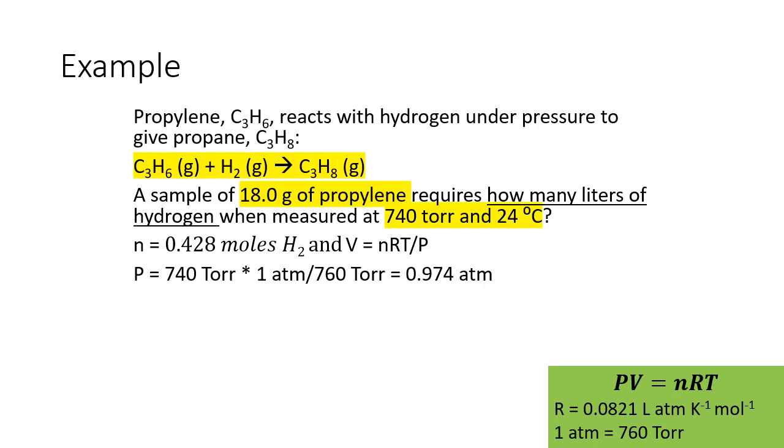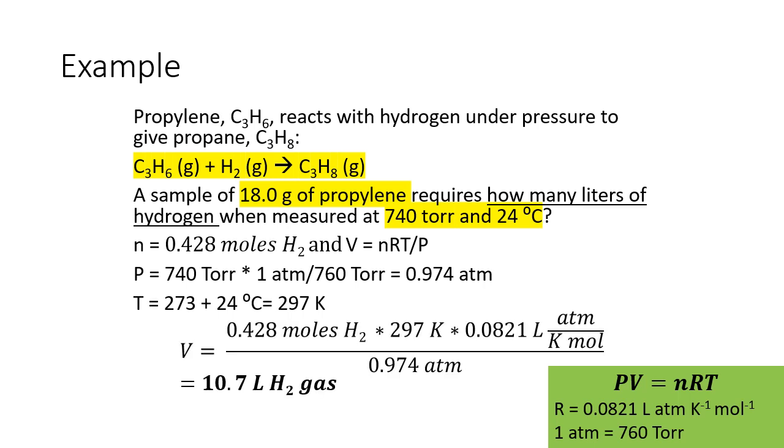So we use the conversion factor there in the bottom right-hand corner, and we find that we have 0.974 atmospheres of pressure. We also need to convert Celsius to Kelvin. So 273 plus 24 is 297. All right, at this point, we can plug everything in to our original equation. The V equals nRT over P. And when we do that, we get 10.7 liters of hydrogen gas.